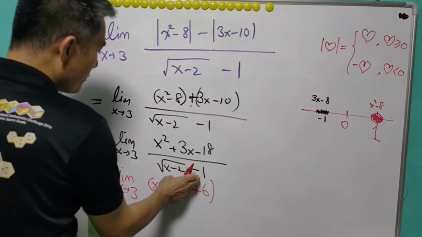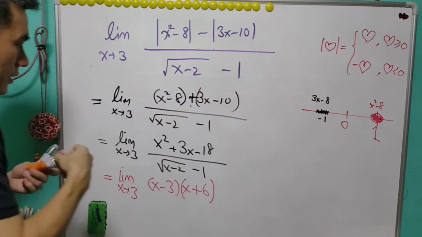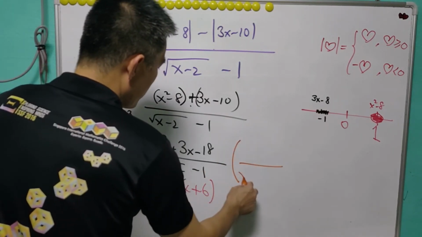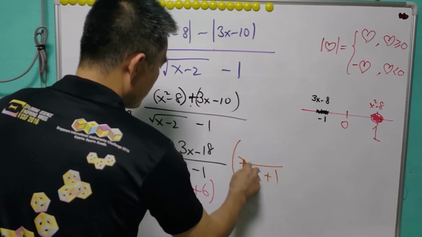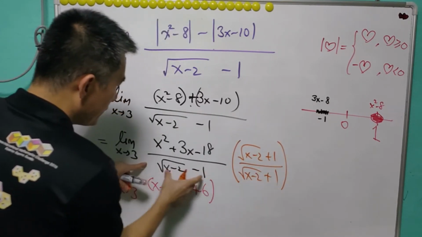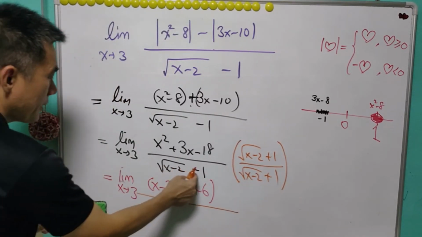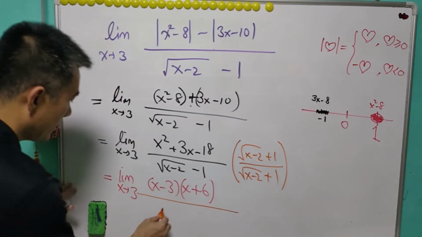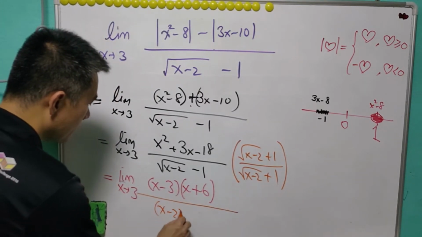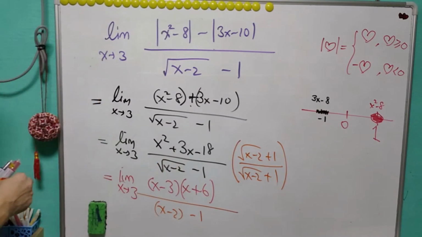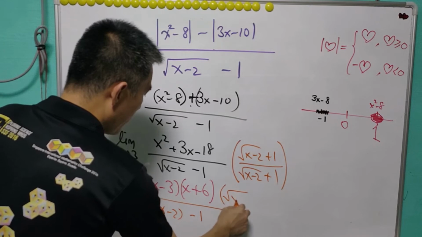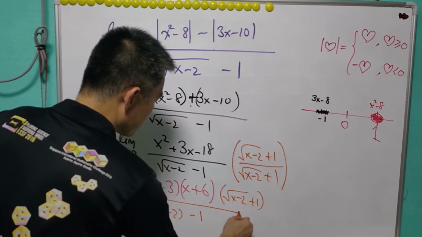And for the denominator, we need to use a trick from question 1 that has something to do with conjugate. We will combine these two and it will be a minus b, a plus b. So it will be a squared minus b squared, that is x minus 2 minus 1. And with this, don't forget to copy down square root of x minus 2 plus 1.